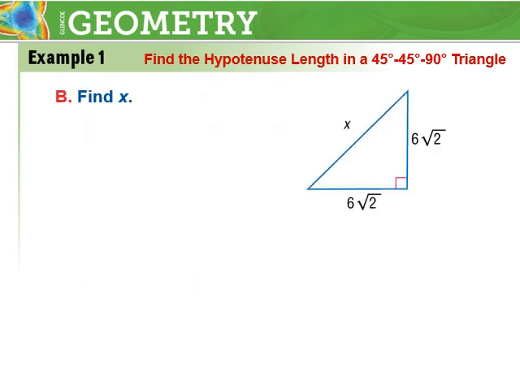Here again, we have the two sides that are the same. So this side, I'm going to put little congruence markings here, and this side are the same length. That means that this is a 45-45-90 because it would mean that these angles would need to be identical since the two sides are identical.